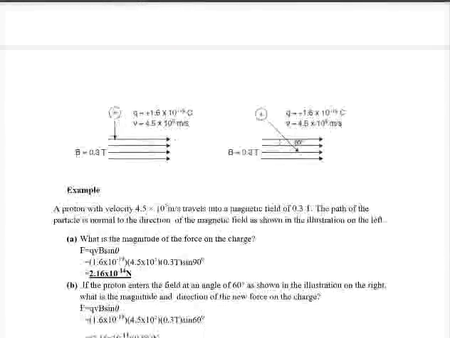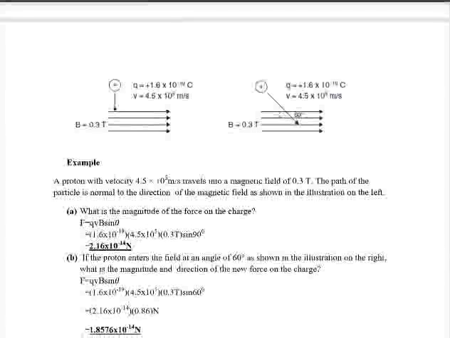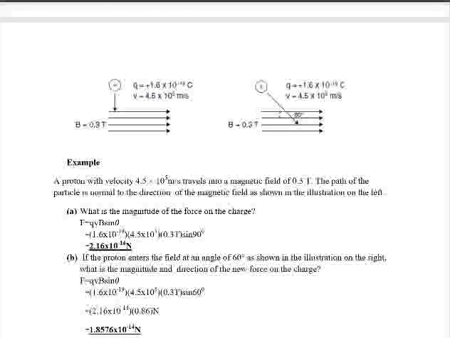Okay, let us do one example. As you see, we have two examples here, two diagrams. The first one is a positive charge moving straight through the field, and this one is at an angle of 60 degrees.